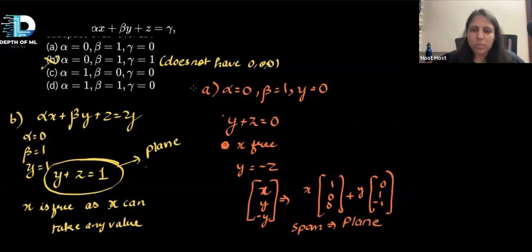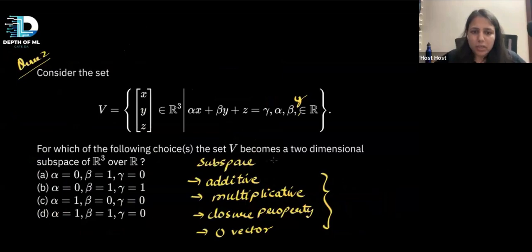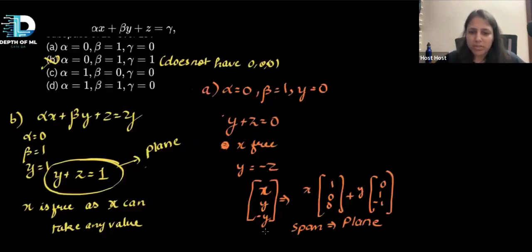So this option is correct. This is what is being asked, that the set V becomes a two-dimensional subspace. So it's a two-dimensional subspace, I can say. Yes, no? Okay. So this is correct, right?